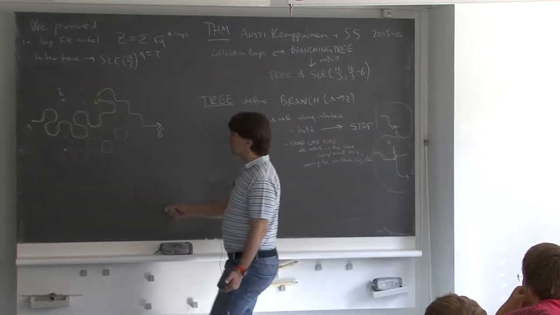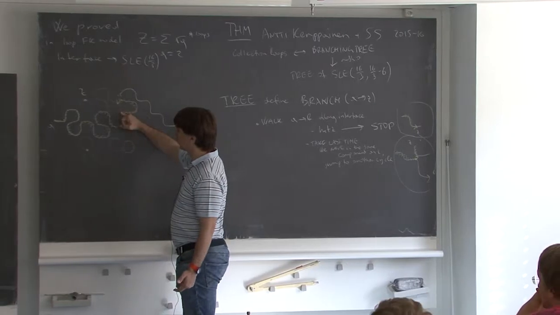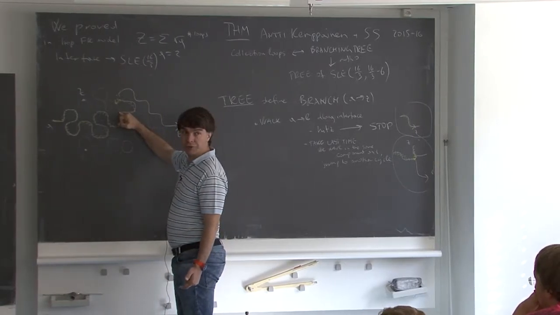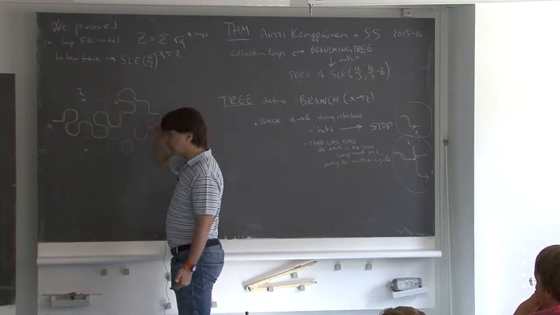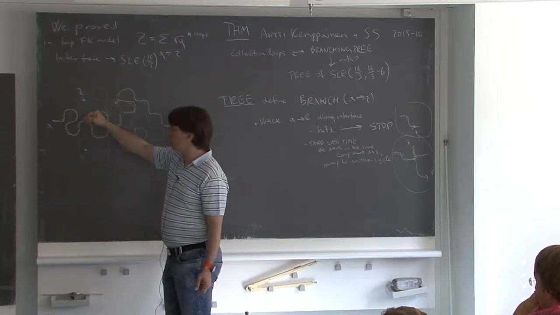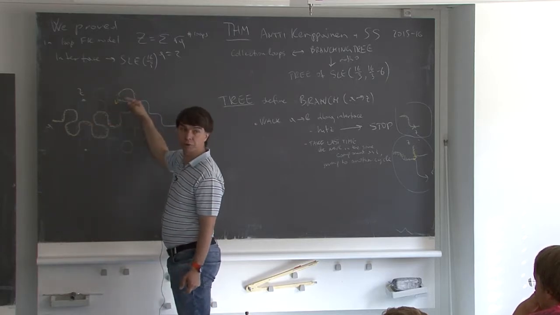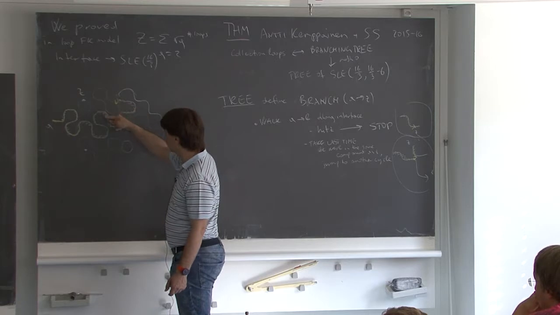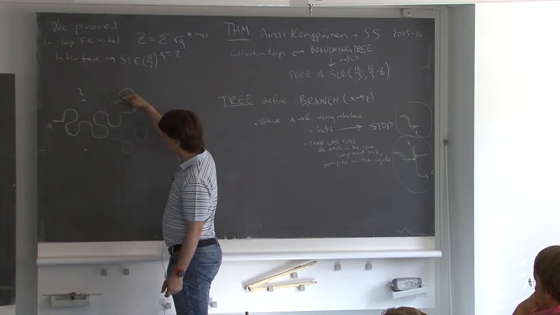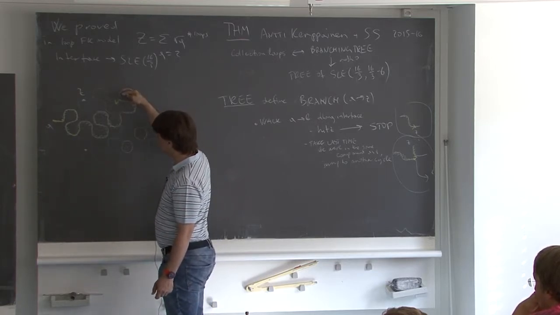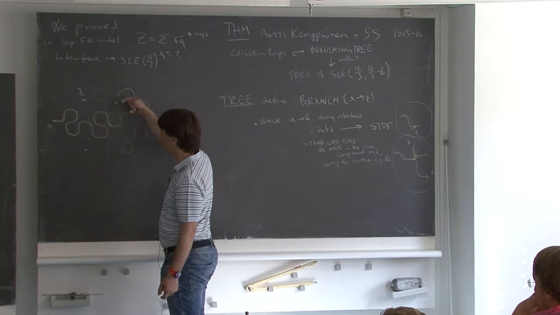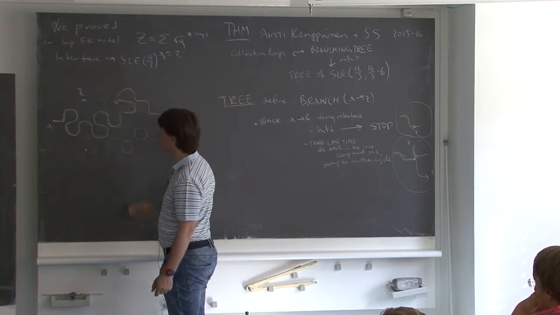So if you explored your configuration up to here, there are still configurations which are the same up to here, but where you hit Z. So again, since we want to keep the Markov property, we can decide when we jump only using the path of our curve. So what we do here, we reach the point where, if we make a step, only one step leads to Z, and then if our interface turns left, we just follow it. If it turns right, then we jump to a different cycle.